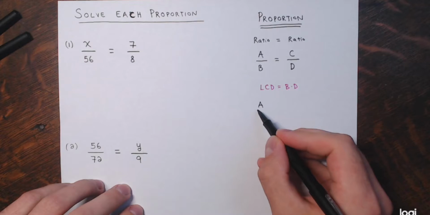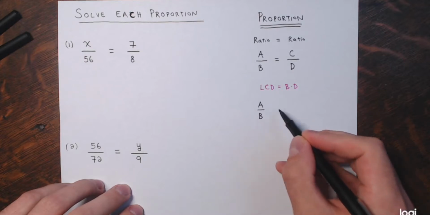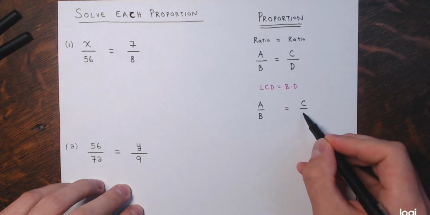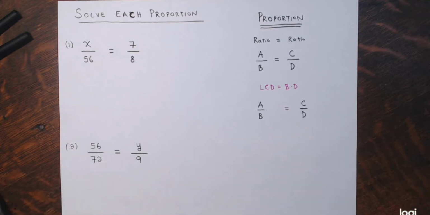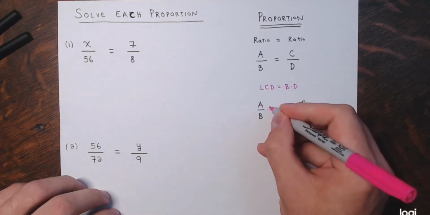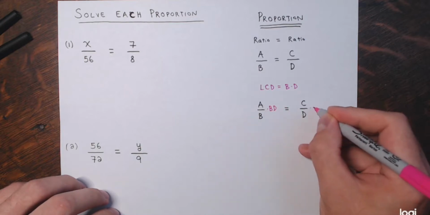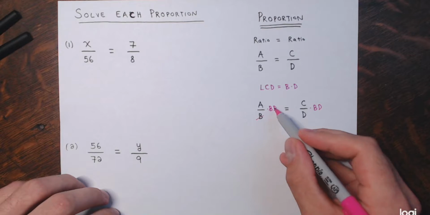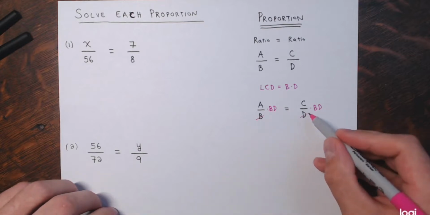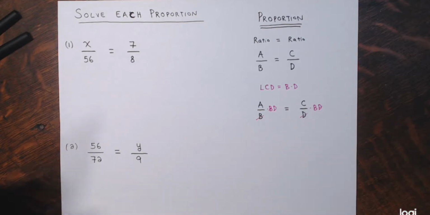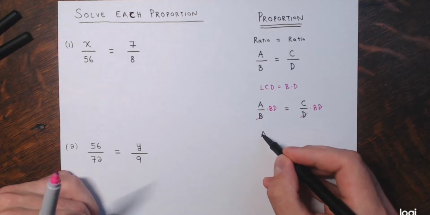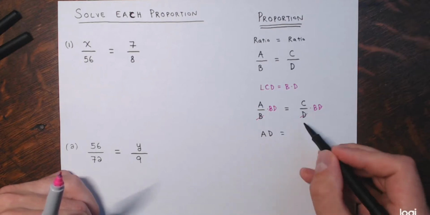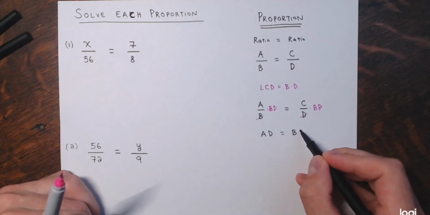Then I multiply both sides by bd, the LCD, and that should cancel any denominators. The b's cancel on the left side, the d's cancel on the right side, and I'd be left with a times d on the left equals c times b, or b times c, on the right.